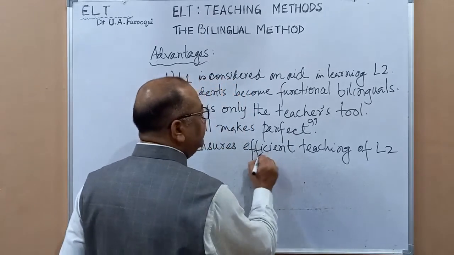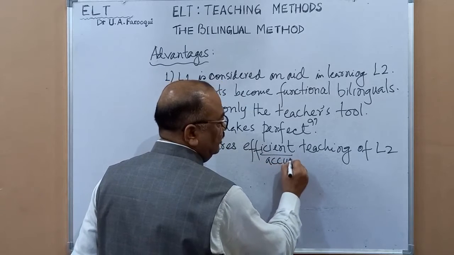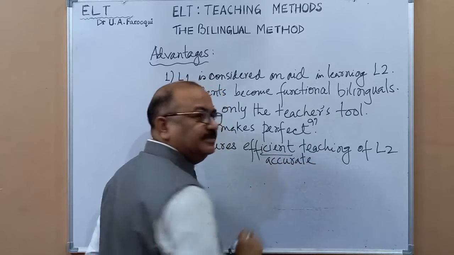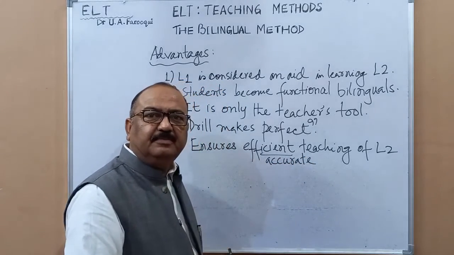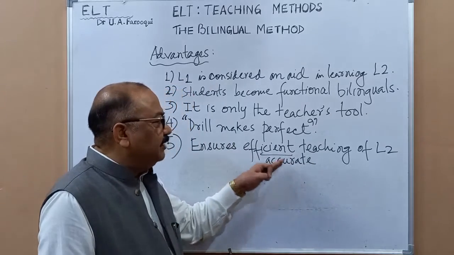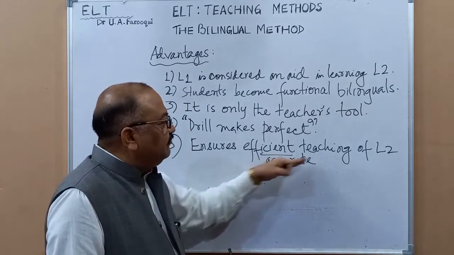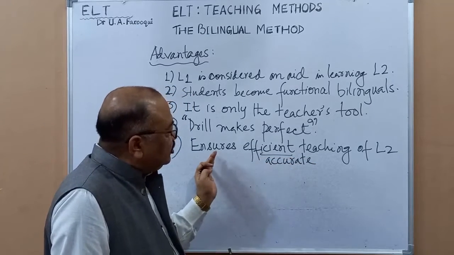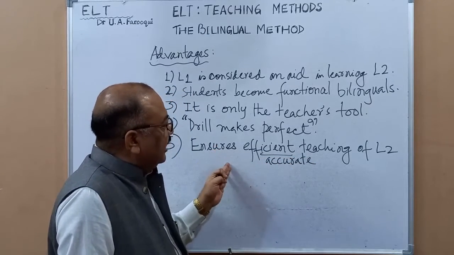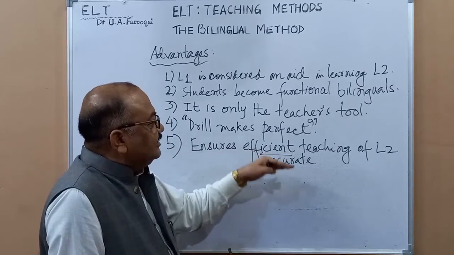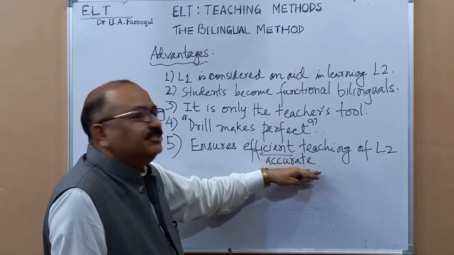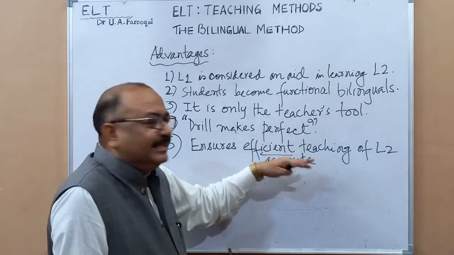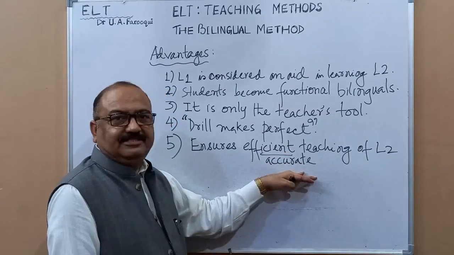Efficient, when I say efficient, means accurate, exact. What do I mean here? By efficient I mean it ensures efficient teaching of L2. That means the teacher of the English language ensures that students learn English accurately. They get the accurate meaning of words.